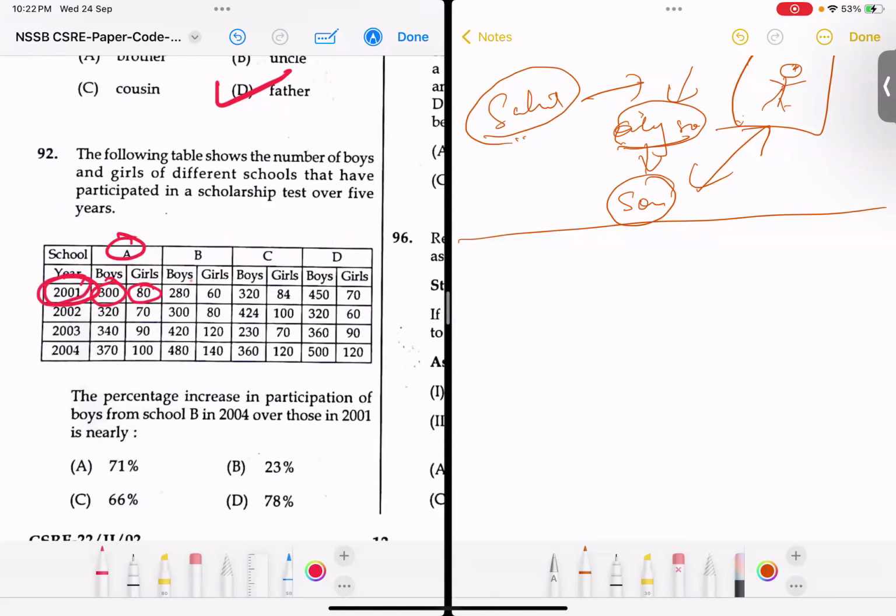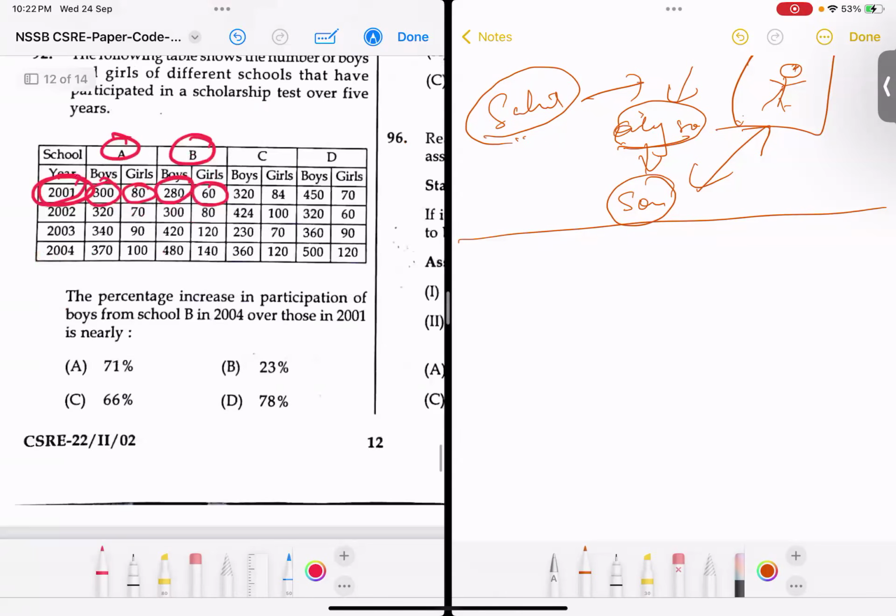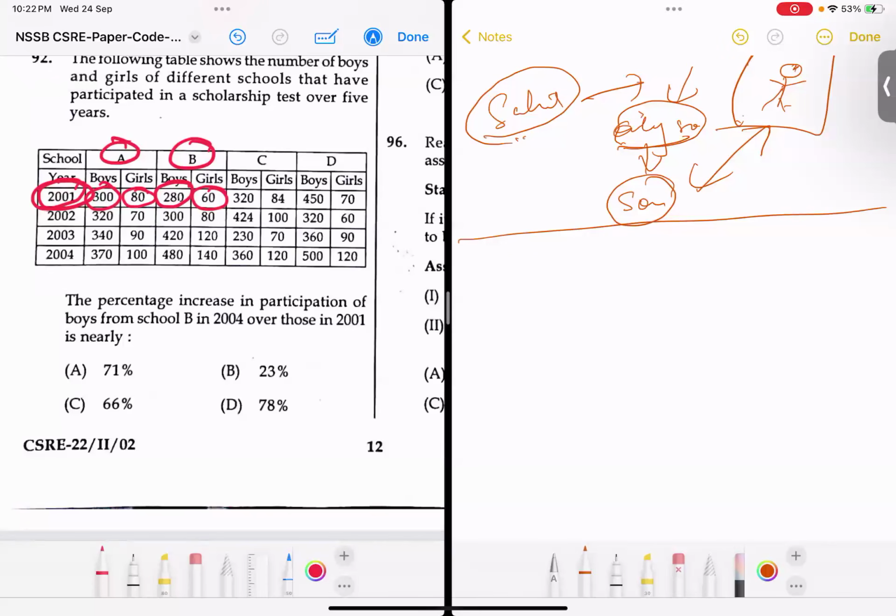Similarly, in the year 2001, from school B, 280 boys and 60 girls participated. Now, what is asked is the percentage increase in participation of boys from school B, in 2004 over 2001. In 2001 it is 280, and in 2004 it is 480.